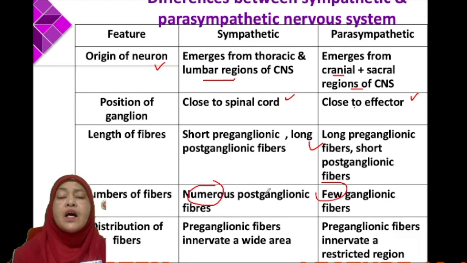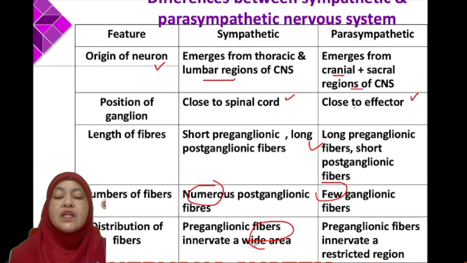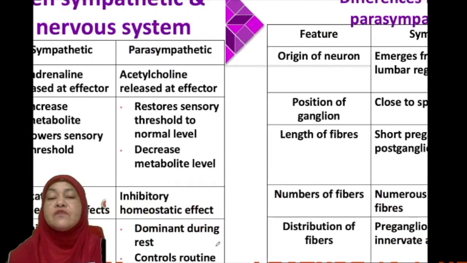When we study the distribution, the sympathetic fibers innervate a wide area, whereas the parasympathetic fibers innervate a restricted region in our body. For the area of influence, the sympathetic effect will spread out, whereas for the parasympathetic, the effect is localized, very specific.